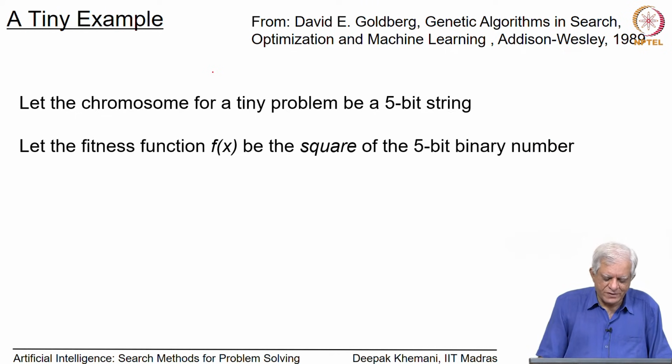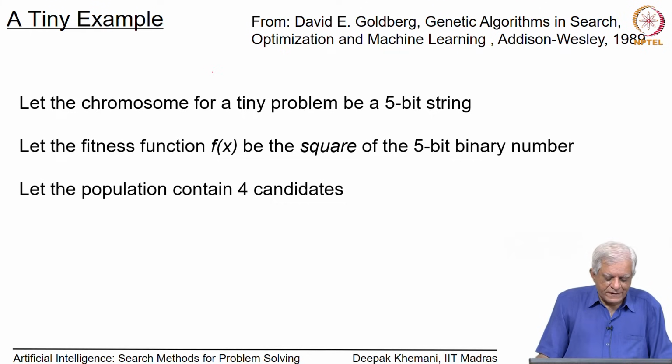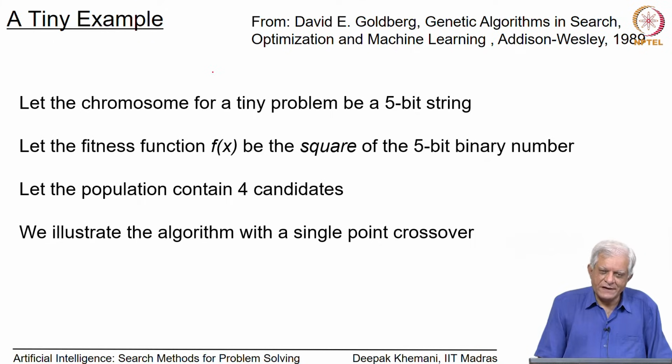Let the fitness function for this particular problem be simple: it is simply the square of that 5-bit binary number. And let us say that we have a small population of 4 candidates, and we illustrate this algorithm with a single point crossover.